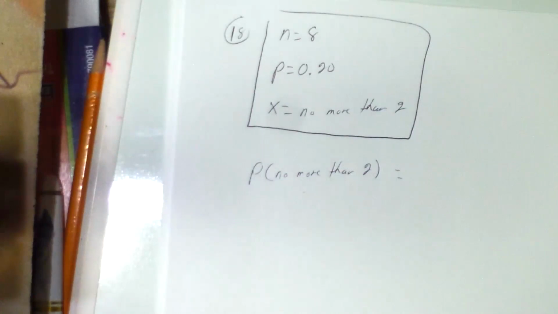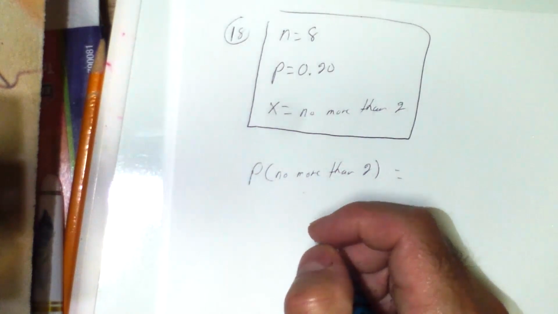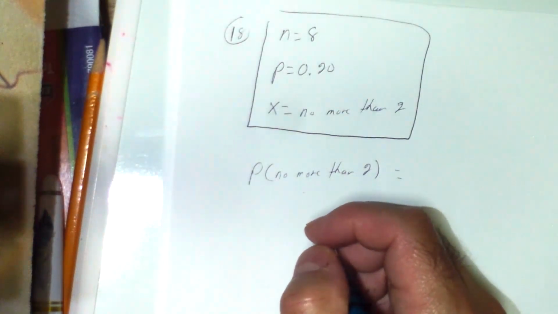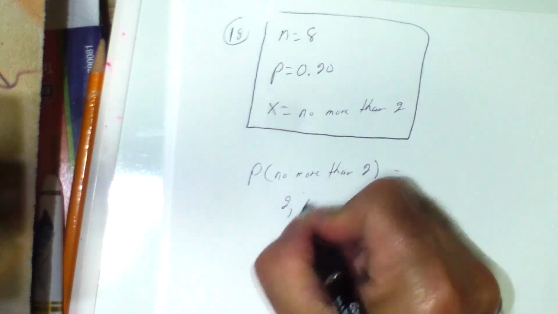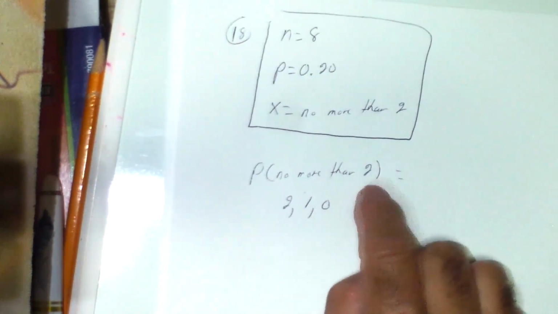So I have to think: what is no more than 2? It can't go beyond 2. What are the numbers that are before 2? That's right, it is 2, 1, and 0. 2 is the max.